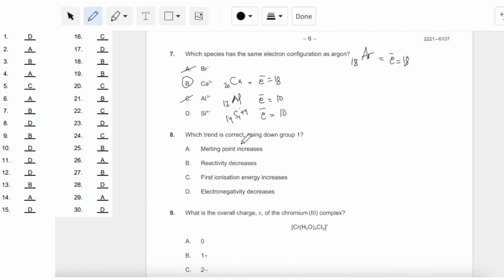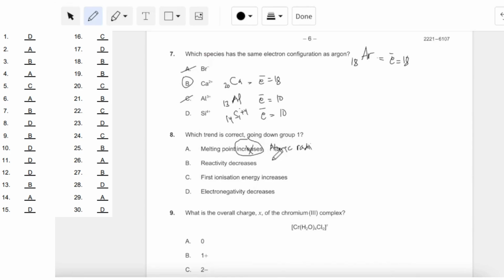And number 8, which trend is correct going down group 1? Melting point increases? In group 1 melting point decreases, not increases, because the atomic radius increases, so it's easy to lose the electron, you need low energy, therefore melting point decreases.